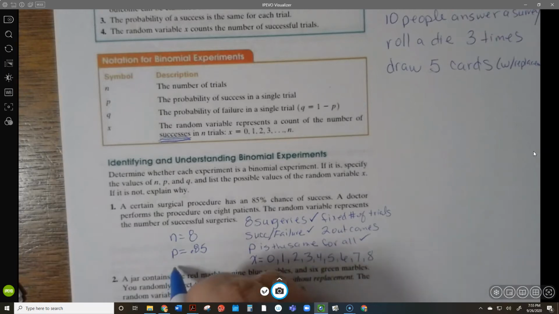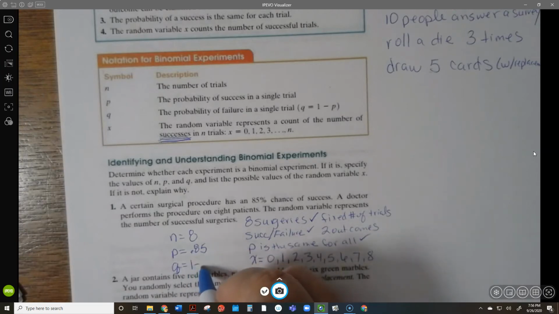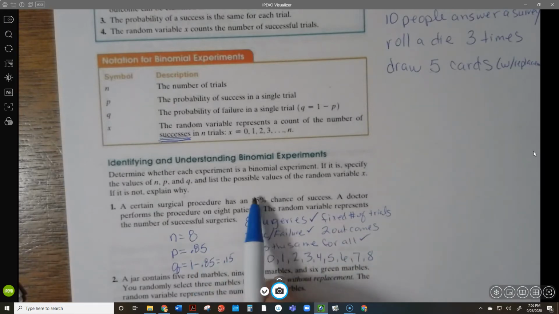And then q is calculated: 1 minus 0.85 is 0.15. So if we have an 85% chance of success, then we have a 15% chance of failure. So this is a binomial experiment because it met all of the criteria.